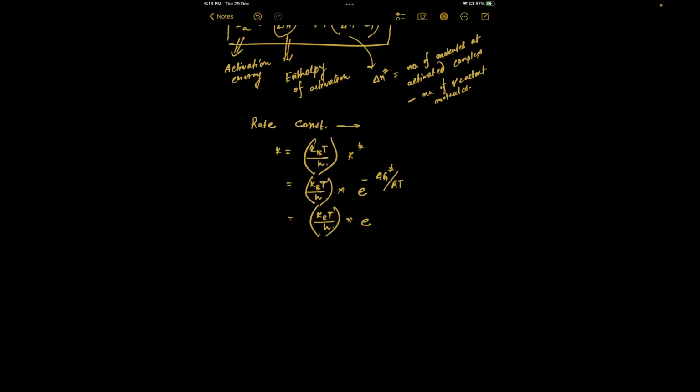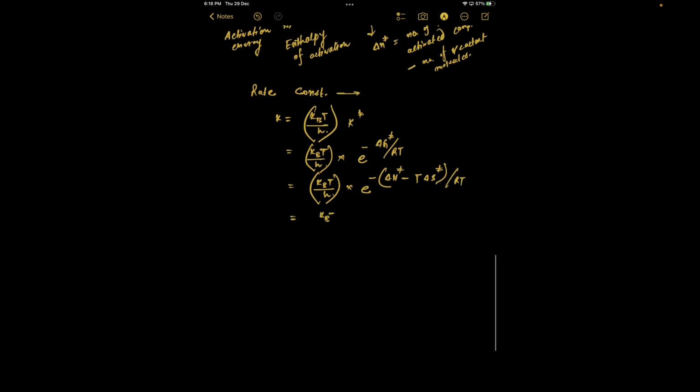Delta G double dagger is the activation free energy, so we can write it as delta H double dagger minus T delta S double dagger divided by RT. So it will be equal to kBT divided by h times exponential minus delta H double dagger by RT, then exponential delta S double dagger divided by R.